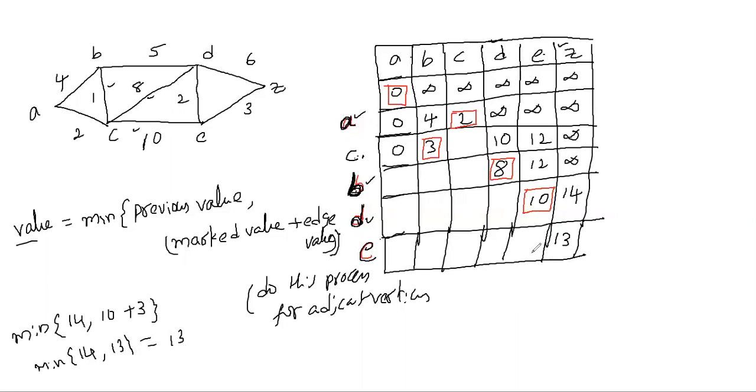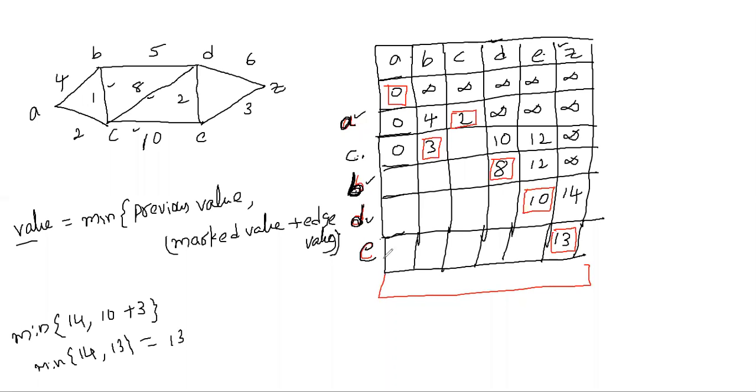So therefore now is everything completed? So now what is the minimum value here? 13. So minimum value is 13. So 13 which vertex?